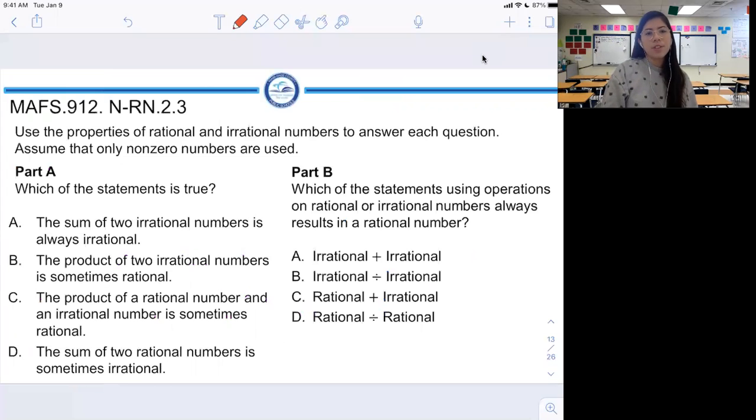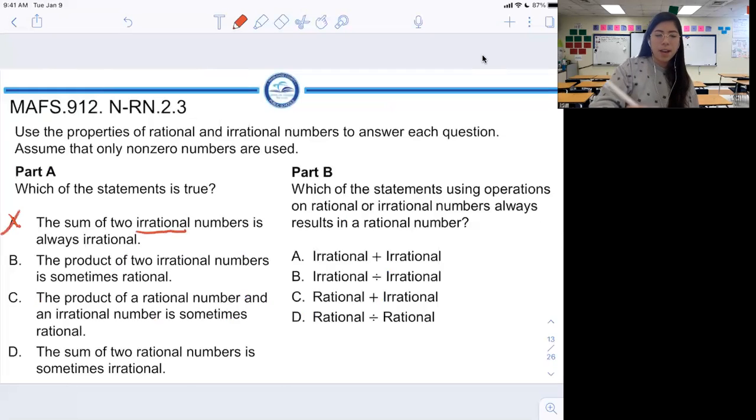All right, so now let's answer some questions about it. Use the properties of rational and irrational numbers to answer each question. Which of the statements is true? Let's just go true or false. The sum of two irrational numbers is always irrational. True or false? That is a lie.